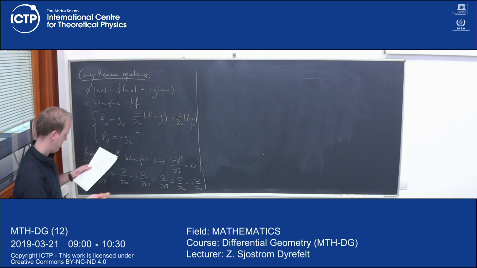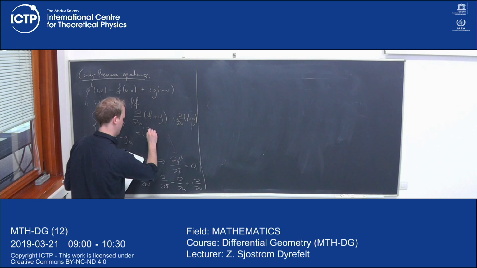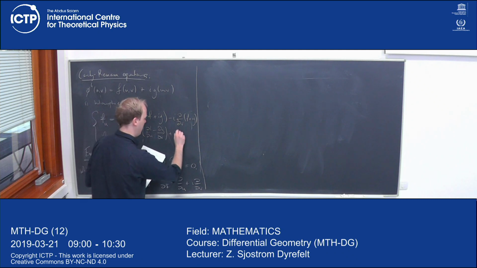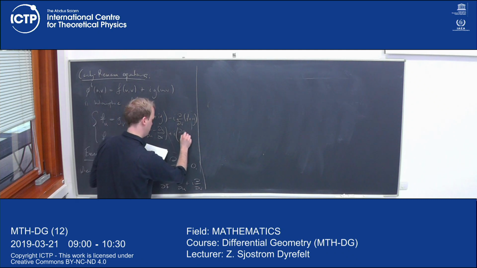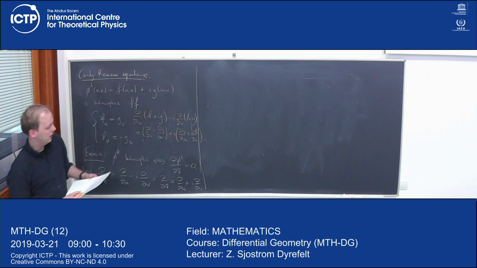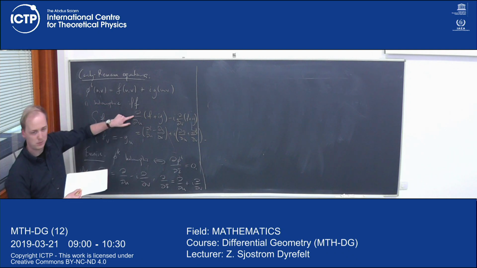What is this? Well, it's equal to partial f partial u minus partial g partial v plus i times partial g partial u plus partial f partial v. And so you see that this thing, so this is partial z.